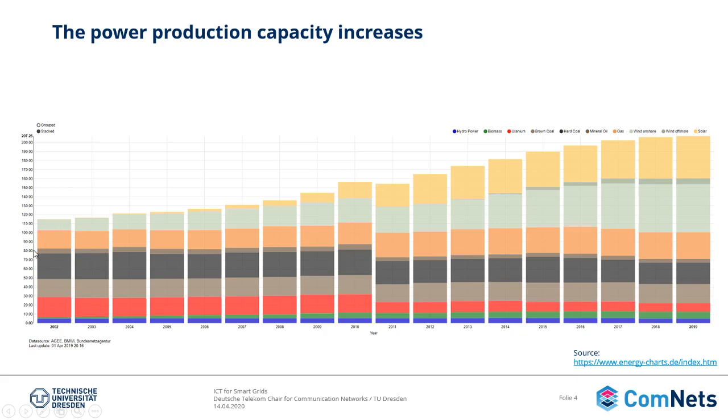However, take a leap in time and look at 2019, and you can see that the gas and coal, together with the uranium, doesn't even constitute 50% of the power generated. So it is safe to say that there is a big trend in relying on renewables in the generation of power.